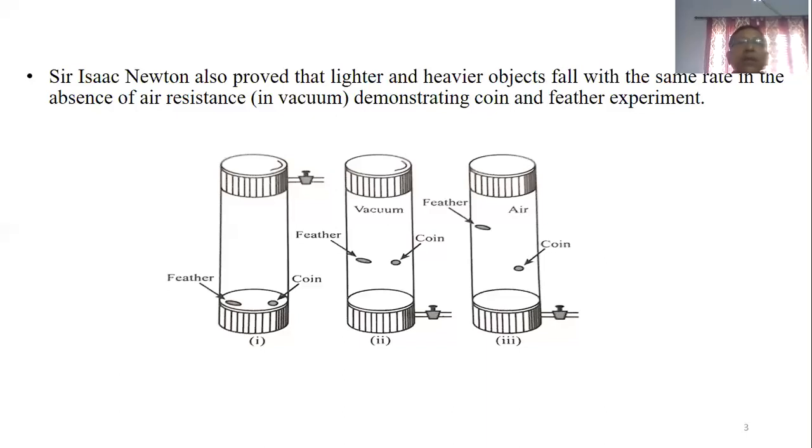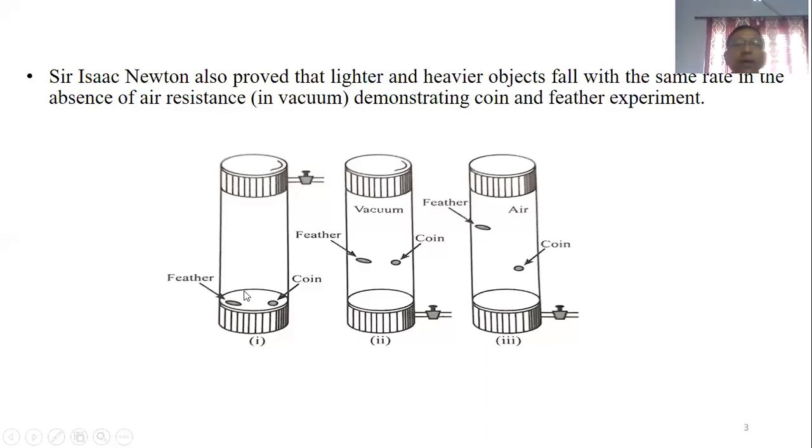Newton had taken a feather and a coin in his experiment, and he put these objects in a long, wide, closed glass tube provided with a vacuum as shown in the figure. This is the feather, and this is the coin, which were at the bottom of the tube.